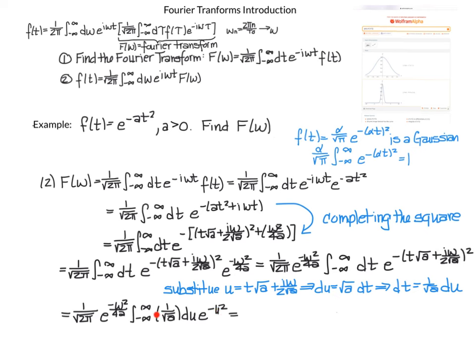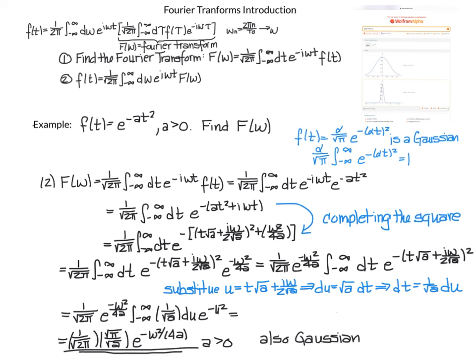This portion, I could take out my 1 over square root of a, and what I'm left with is the integral from negative infinity to infinity of e to the minus u squared, which is this form here, exactly what's inside the integral where alpha is equal to 1. So this integral is going to be equal to the square root of pi over alpha, and again alpha is 1, so it's just going to be equal to the square root of pi.